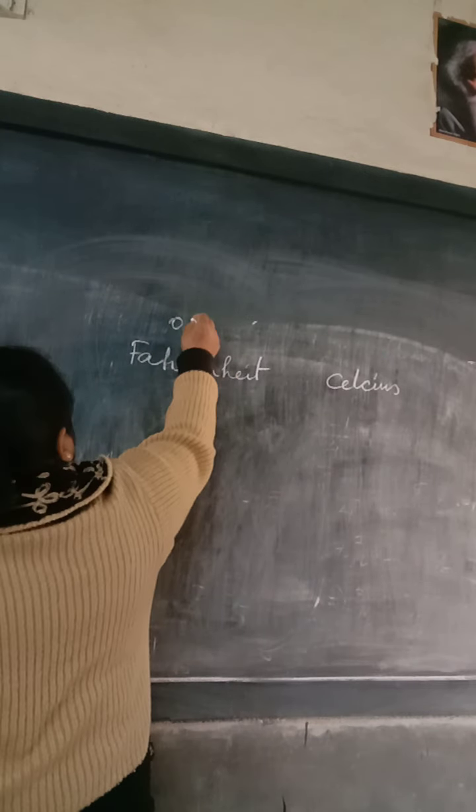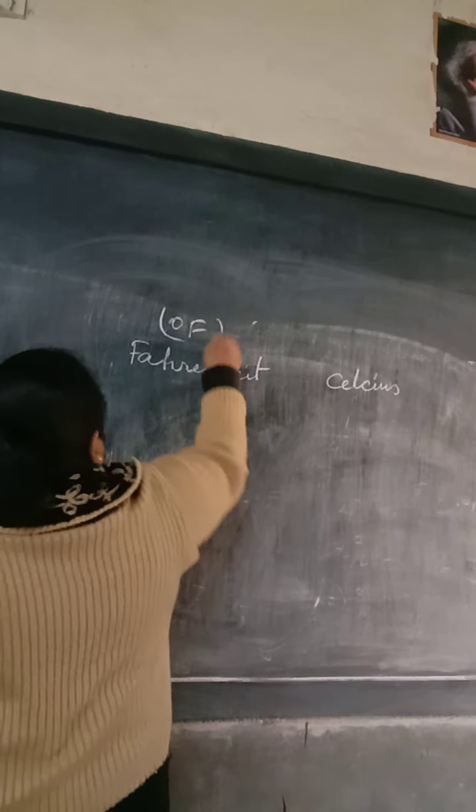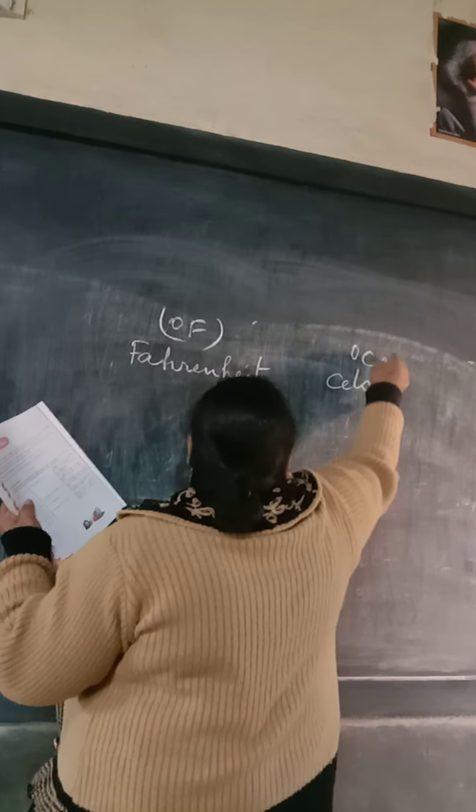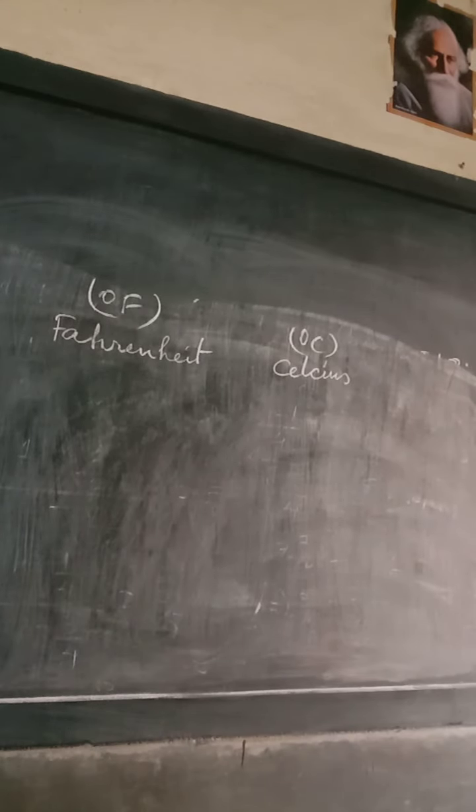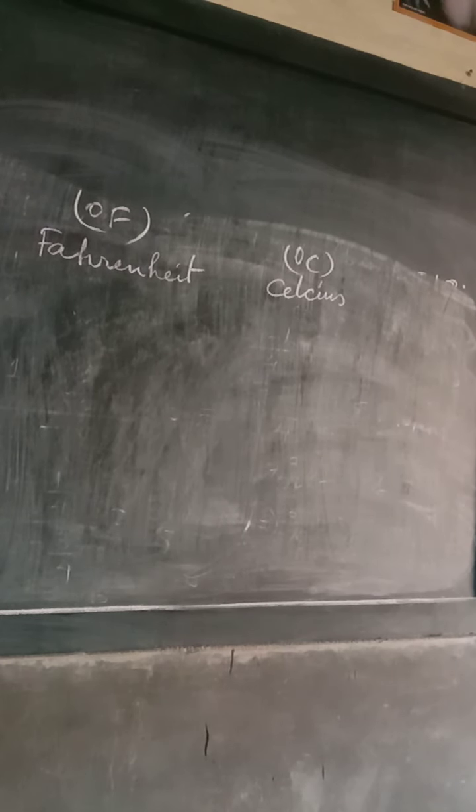This is degree Fahrenheit, written as degree F, and this is written as degree C. Now, body temperature is measured in Fahrenheit, while boiling water or the day's temperature is measured in Celsius. Even on a thermometer, you can see we have degree Fahrenheit as well as degree Celsius.